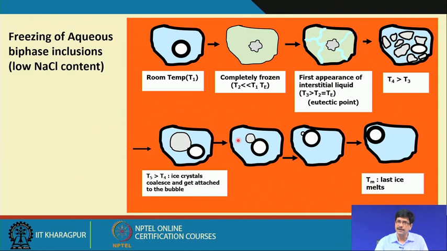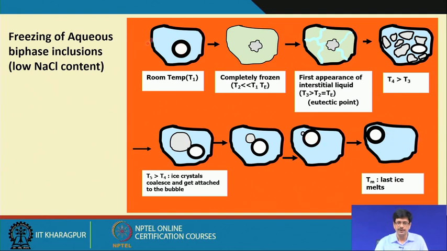With further increase in temperature on the cotectic, the ice will become smaller and smaller in size, and in addition this ice has a unique property that it will get attached to the bubble, and it remains attached to the bubble till it finally disappears.